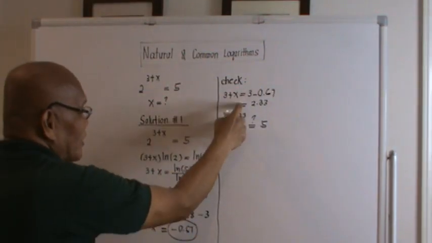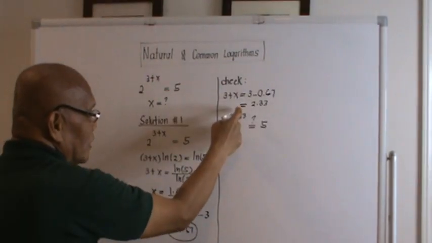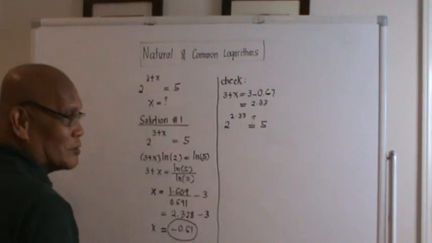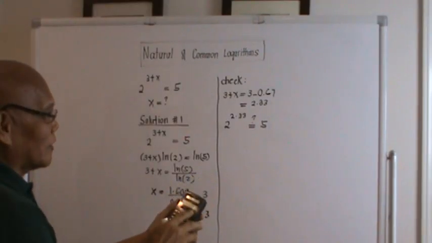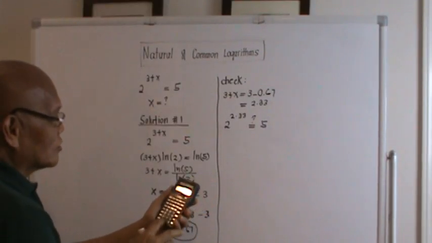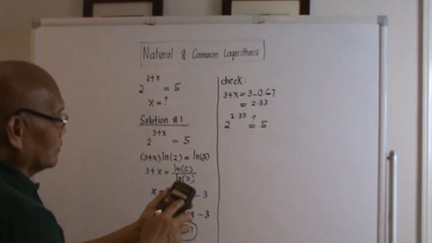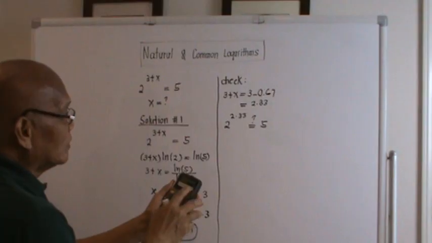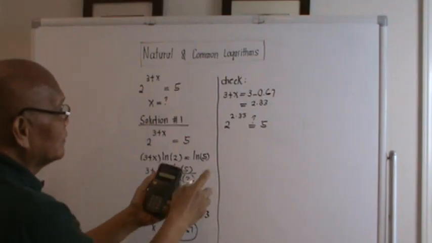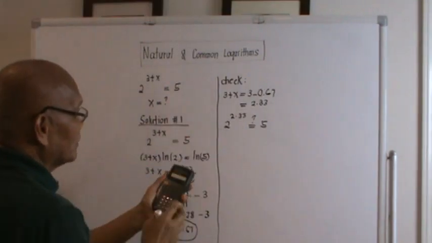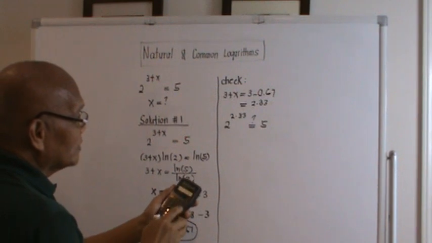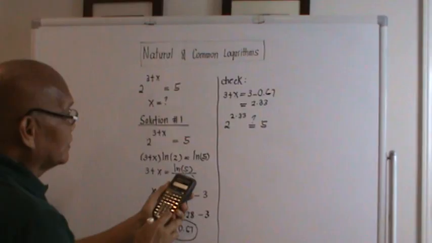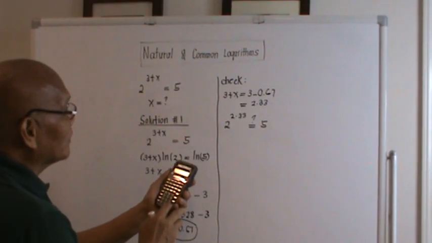To compute this, you cannot do the long computation, but we must use our calculator. We display the base 2, then we raise that to 2.33, using y to the x, 2.33. And will it be equal to 5?